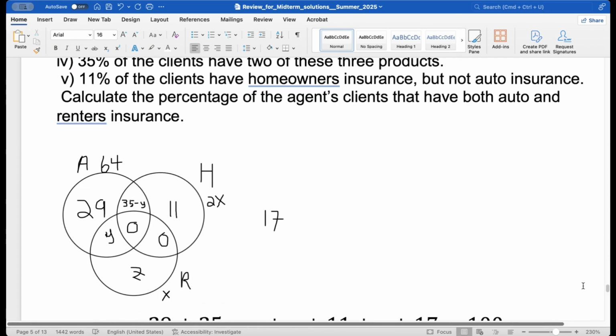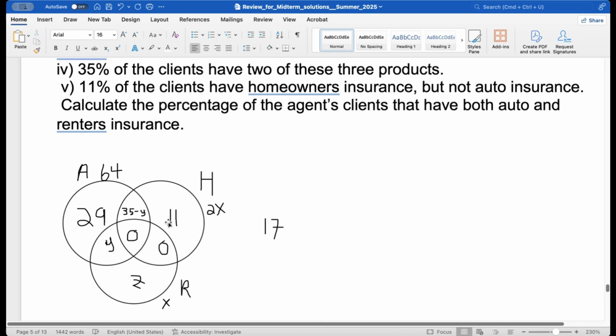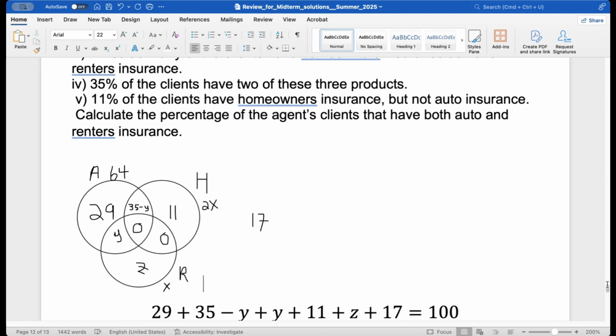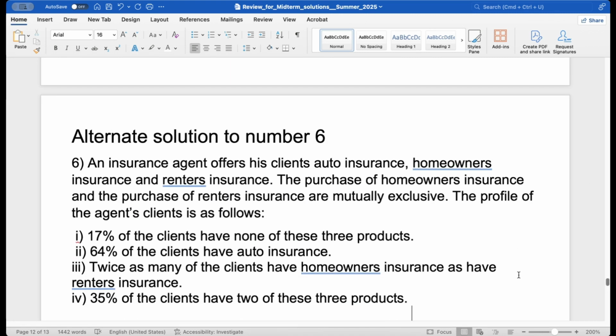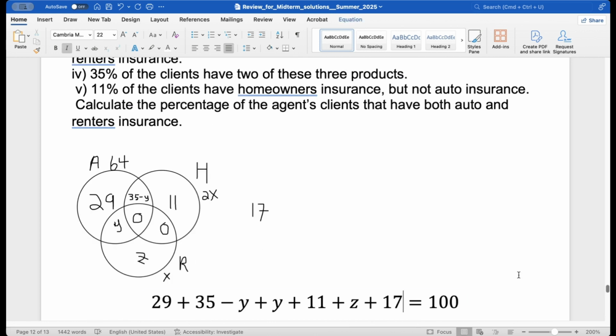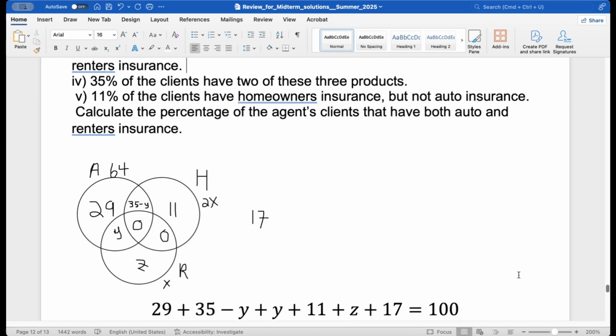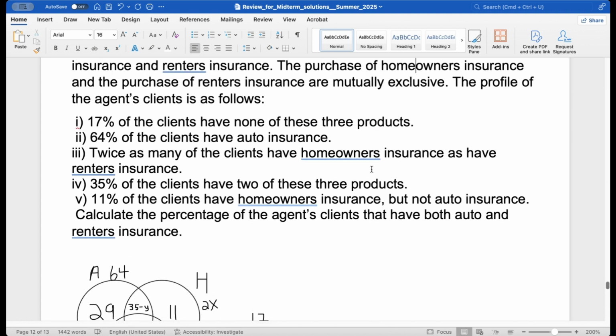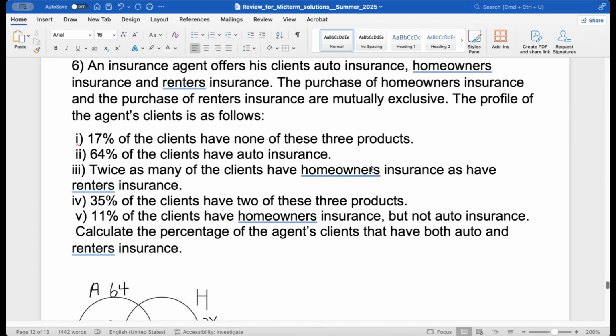All right, so let's take a look at what we have here. Let me zoom out a little bit here. All right, so we know that homeowners and renters were mutually exclusive.